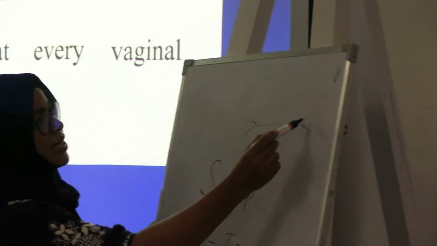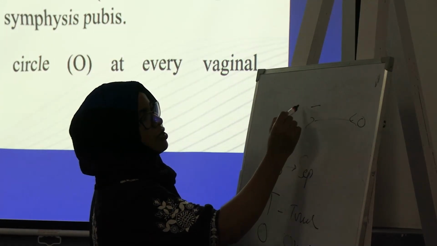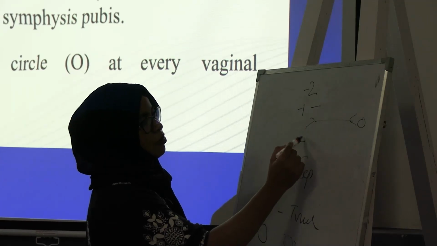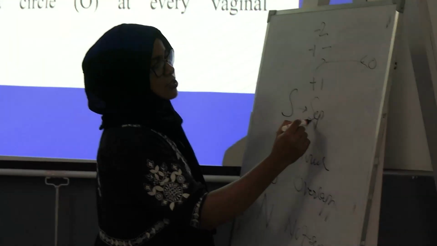But practically, when we examine the patient, we do the PV examination, which is done according to the ischial spine level. Ischial spine is taken as 0, and 1 centimeter above the ischial spine is -1, 2 centimeters above is -2, 1 centimeter below is +1, and 2 centimeters below is +2.